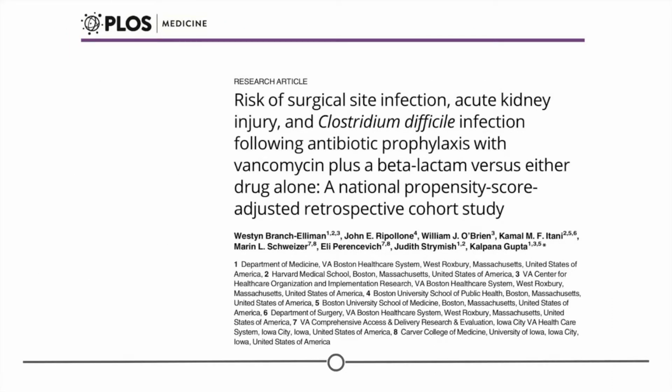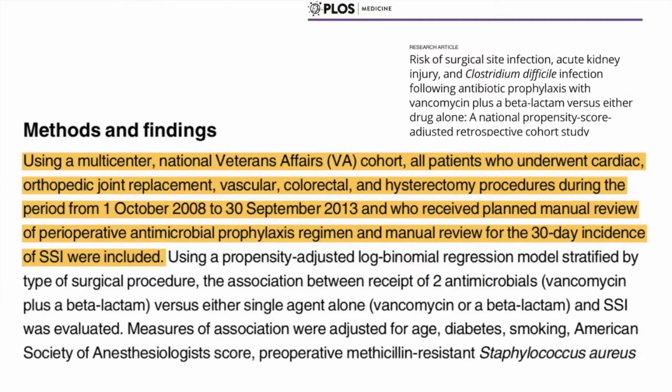This study looks at the association between using 2 antimicrobials versus either drug alone and surgical site infection as the outcome. Again, we're able to find information about the study design in the methods section of the abstract.